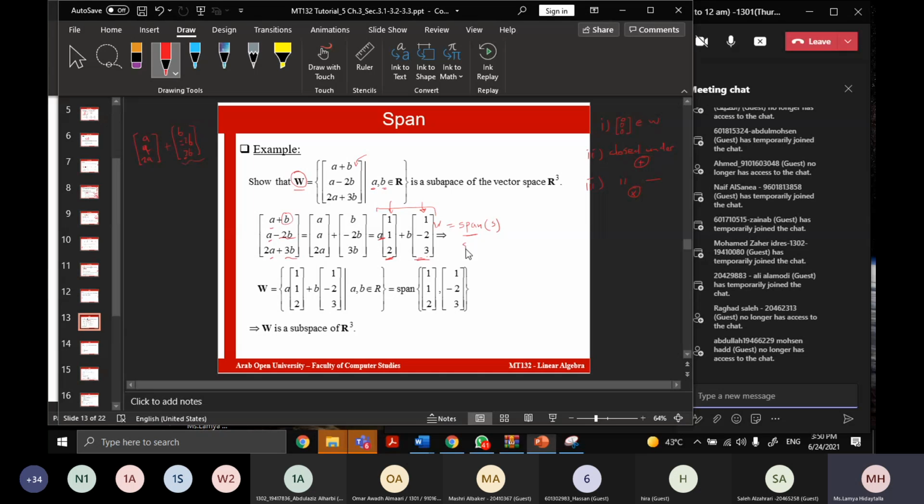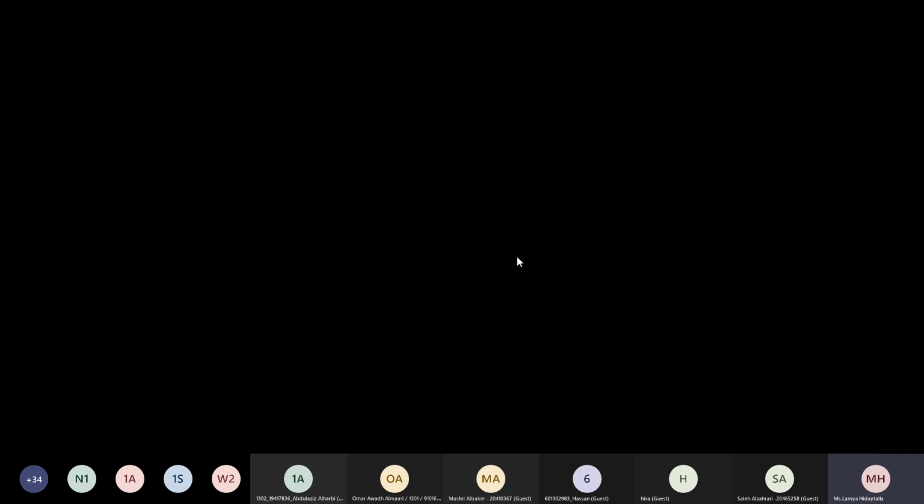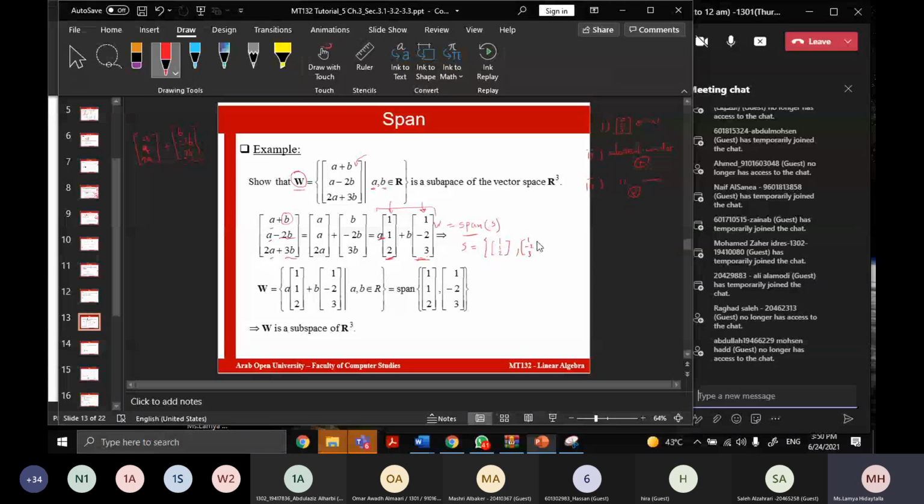Where S is the set of vectors: 1, 1, 2, while the other vector is 1, minus 2, 3.